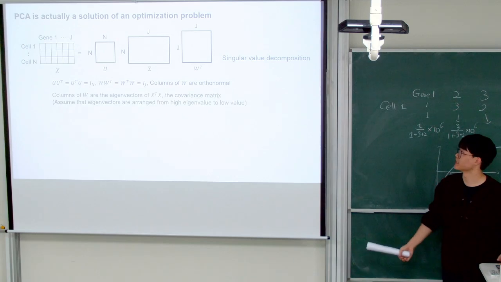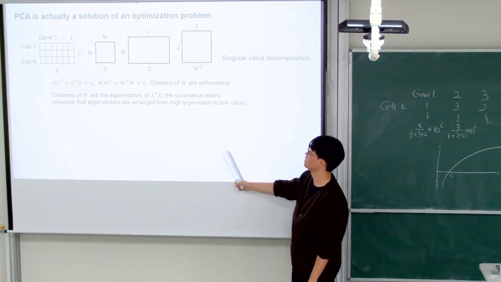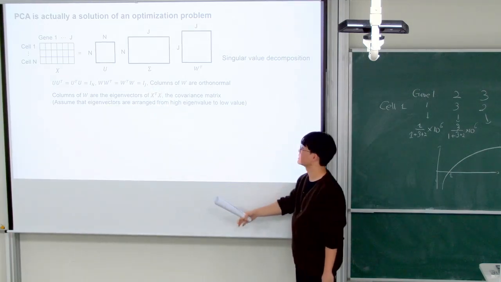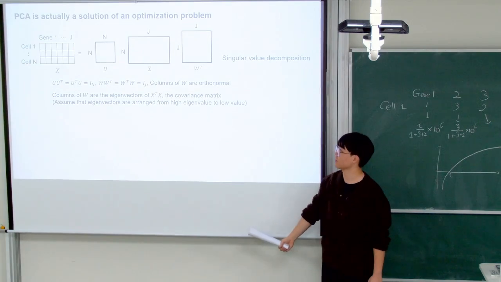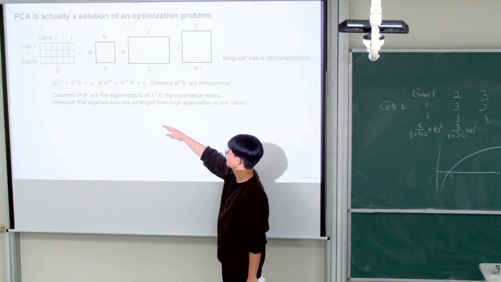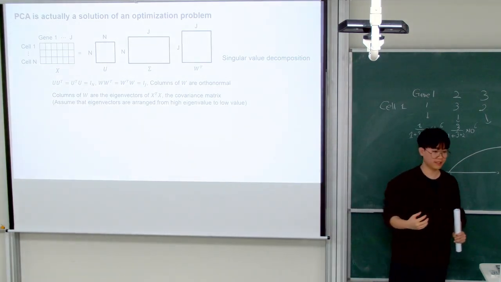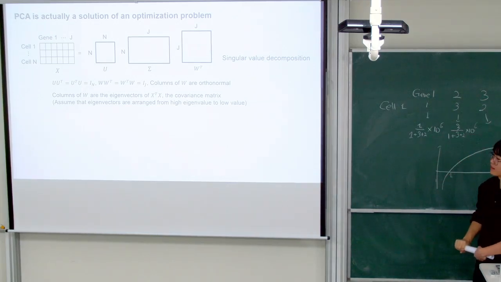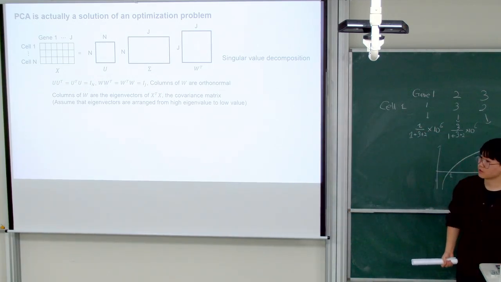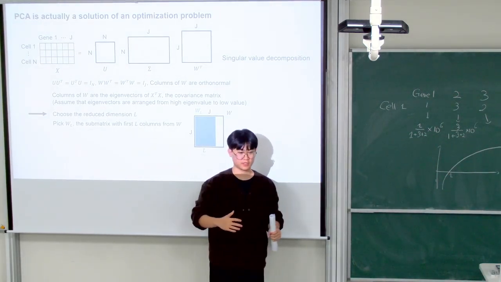Another characteristic is that the columns of W are the eigenvectors of this matrix, which is equal to the covariance matrix if we assume normalization. Let us assume the eigenvectors in the columns of W are arranged from high to low value. Then PCA works like this: first we choose the dimension L to which we want to reduce.